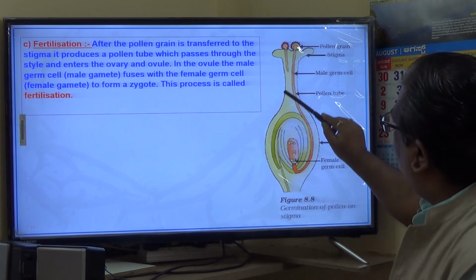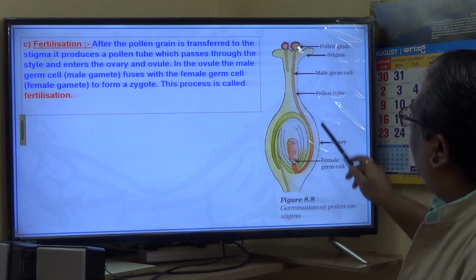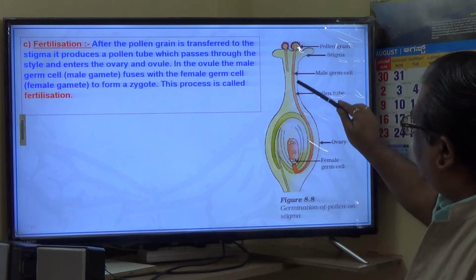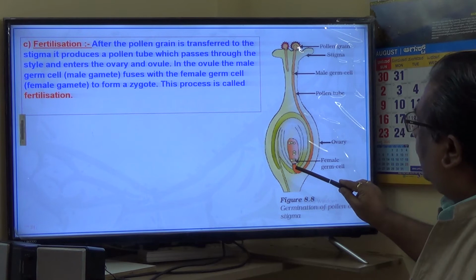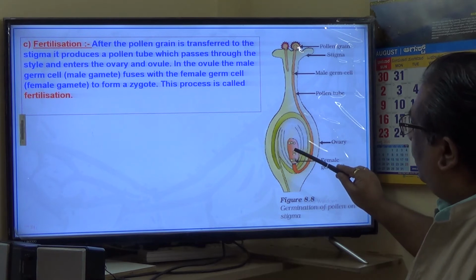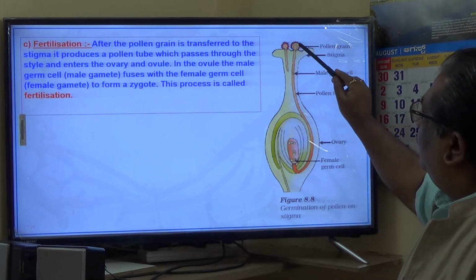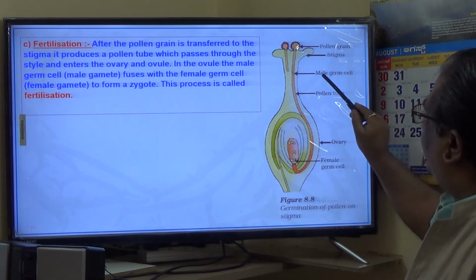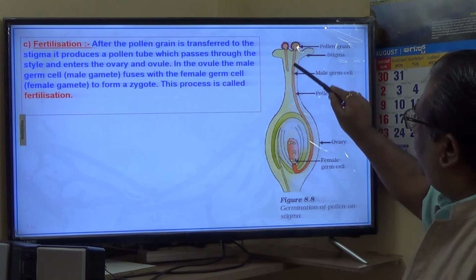It is passing through this tube here. What is this middle portion? It is called the style. So this pollen tube passes through the style and then enters into the ovary and also into the ovules. The male gamete then comes over here through this pollen tube.